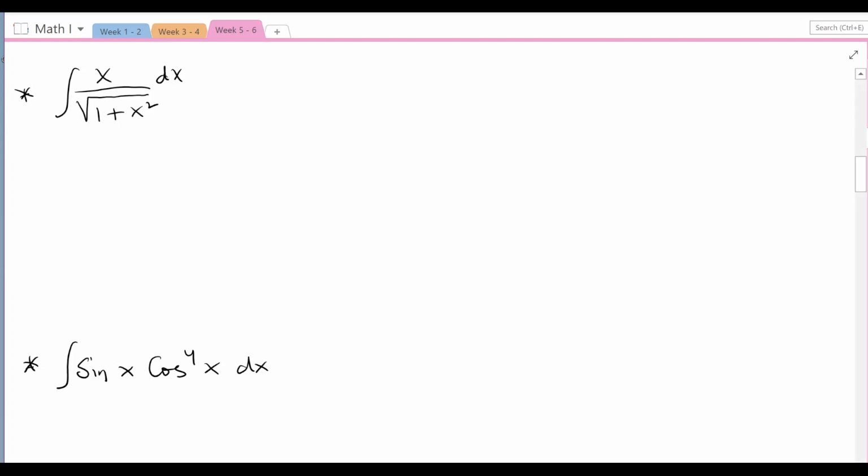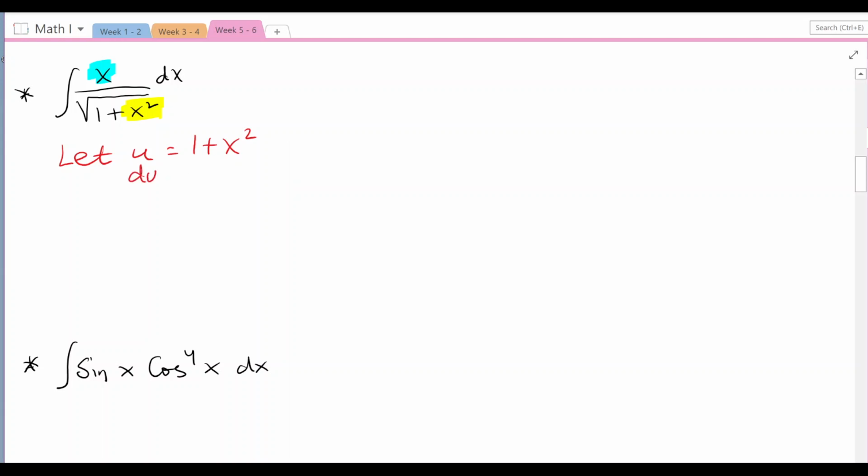Just like before, the derivative of x² is 2x, therefore it is almost the same as the numerator. So probably best if we let u be 1 + x², and we just ignore the square root at the moment, which is basically raised to the power of half.